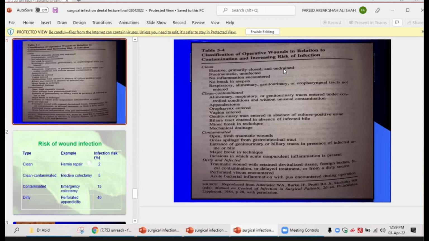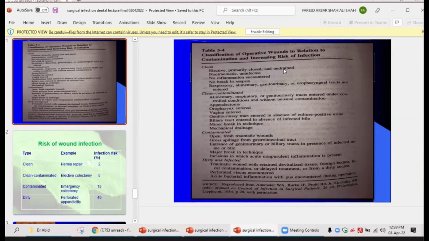You all know that the gut, the GIT, is made of serosa, then muscularis, then muscularis mucosa, then the submucosa, then the mucosa, from outside to inside. So if during a surgery you cut a small intestine or a large intestine, that surgery will not be a clean surgery. As long as you are not cutting into the mucosa, it is called a clean surgery.